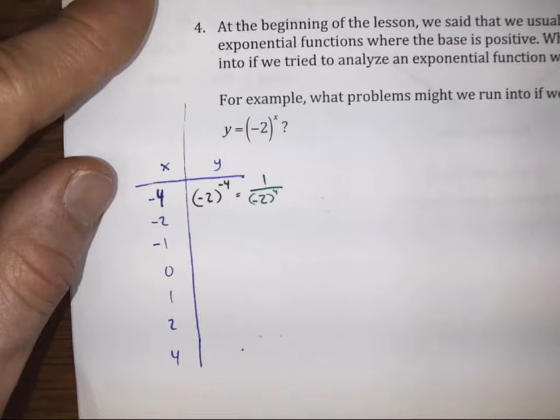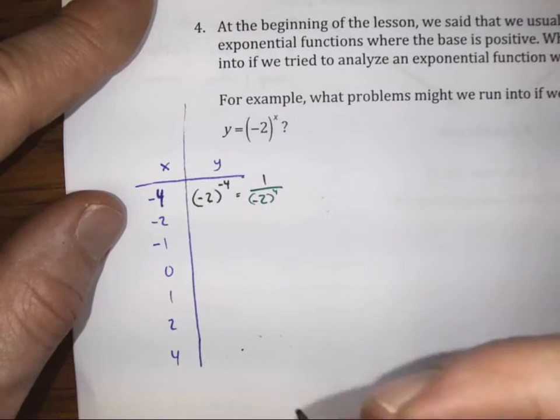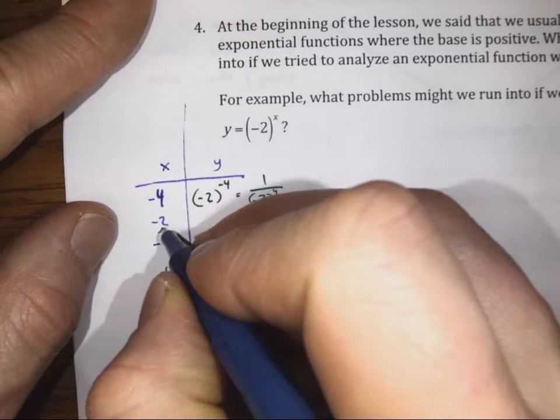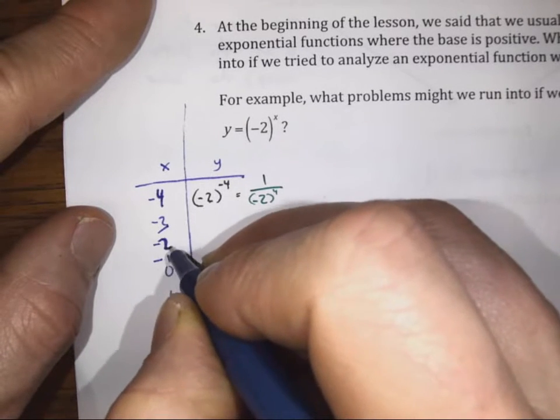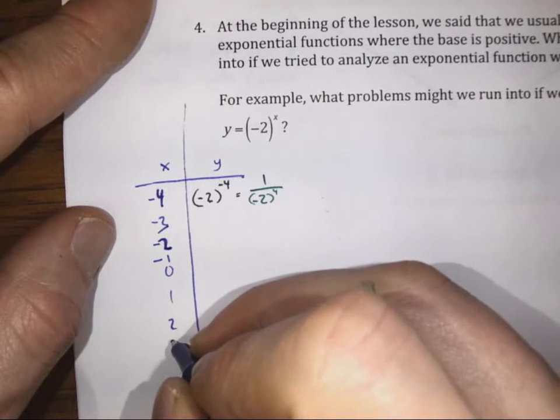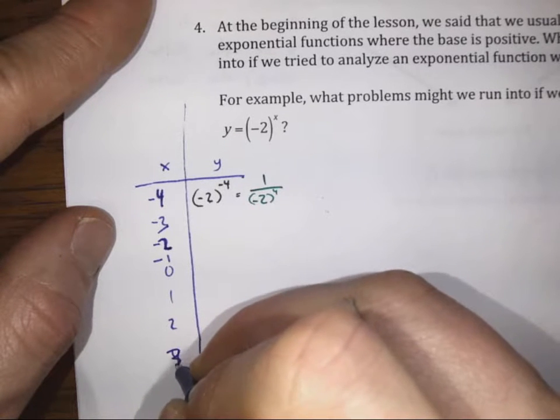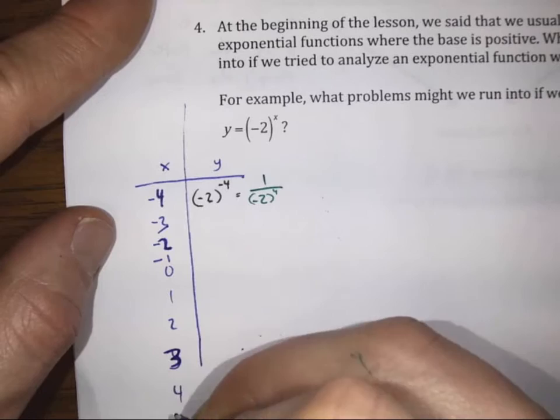I really should have included -3. Yeah, I think I'll include -3 actually. -3, -2, -1, 0, 1, 2, and we'll do a 3 and a 4.